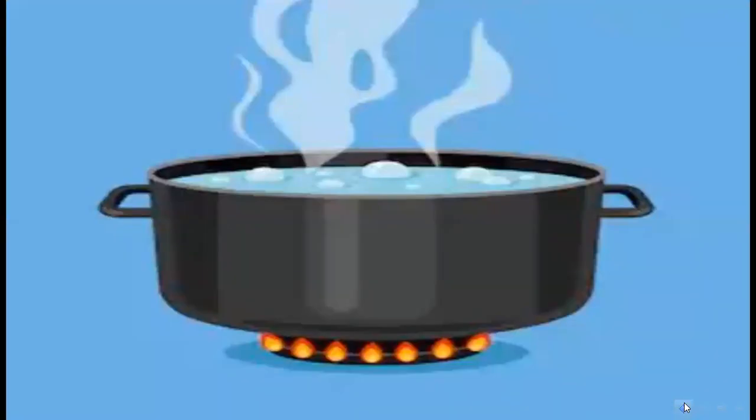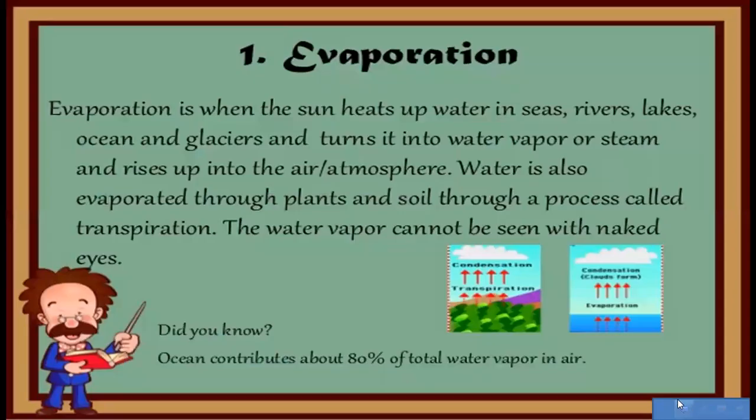This process is called evaporation. Evaporation is when the sun heats up water in seas, rivers, lakes, oceans, and glaciers and turns it into water vapor or steam, which rises up into the air or atmosphere.